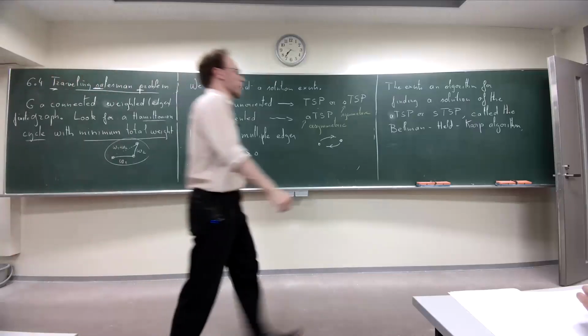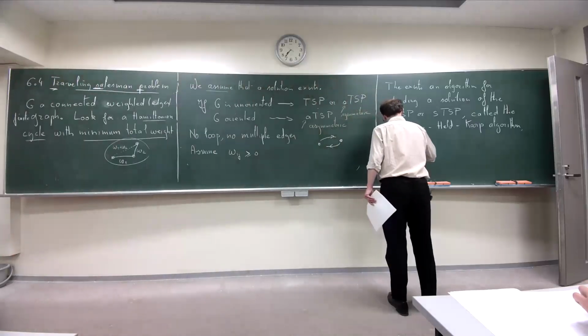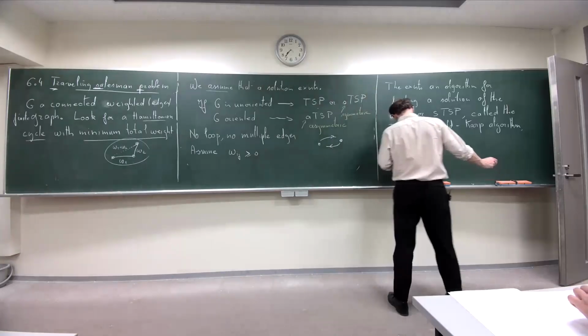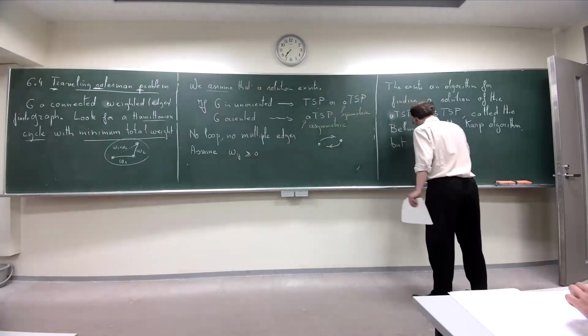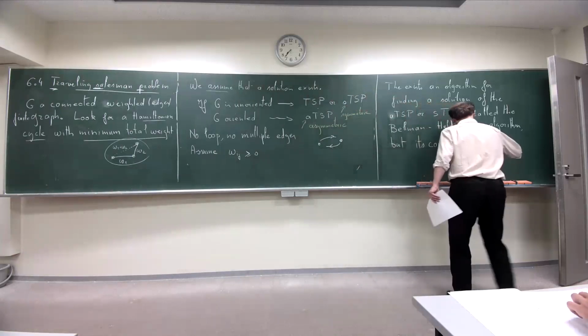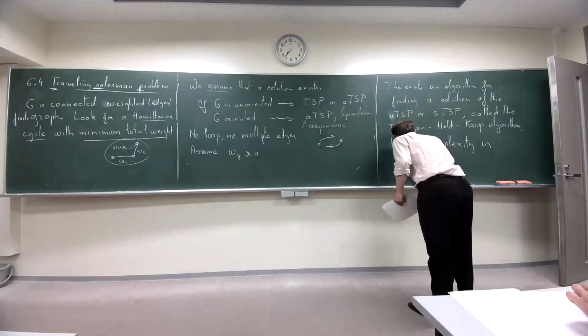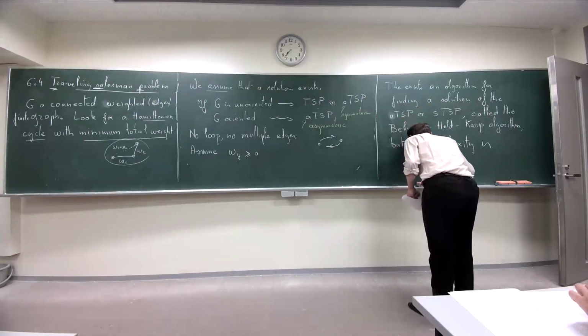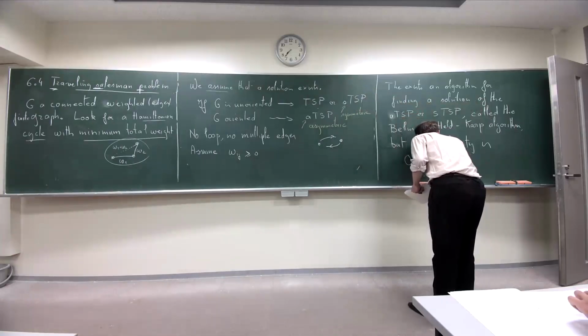But what is the problem? Its complexity, I haven't defined, and I will not define it. Its complexity is of the order O of n squared times 2 to the power n.